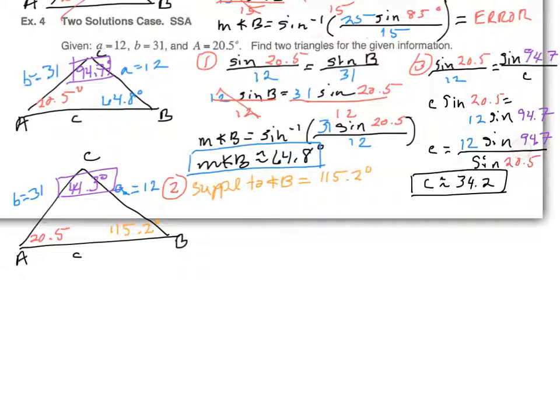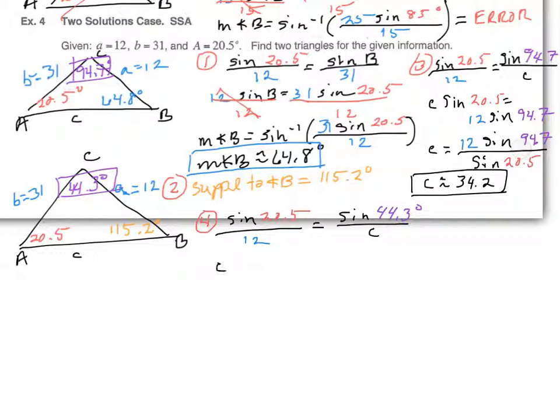So just one more step for triangle 2. Step 4 is to find C for triangle 2. So go through that same process. Sine of 20.5 divided by 12 equals the sine of, this time we're using 44.3 because that's angle C on the second triangle, divided by C. Cross multiply.